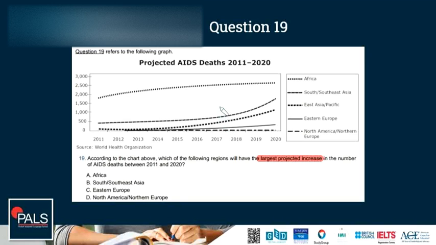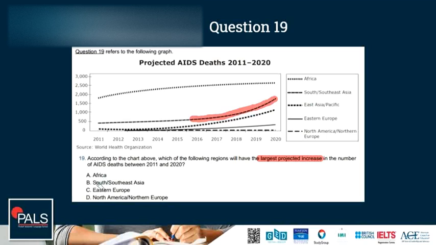An obvious answer here would be Africa, because Africa has the highest numbers in general, but we can see that in South and Southeast Asia we have an exponential rise, whereas in East Asia Pacific we have an increase as well, but this one is steeper and at a higher number.